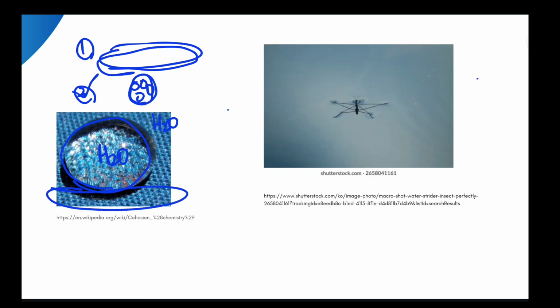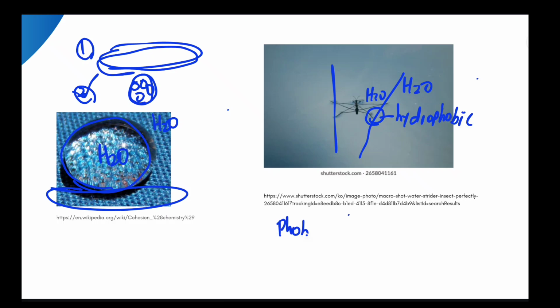The second example is the water strider. There's water, and here's also water. Then how would the water strider walk on the water? Wouldn't it sink? No, because the water strider's legs are hydrophobic. Have you ever heard of phobia?